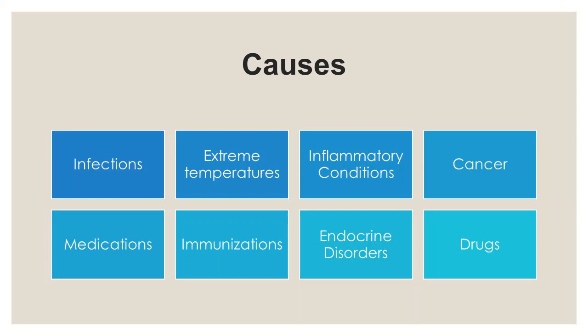Some medications, such as antibiotics and some anti-epileptics, also cause elevation of body temperature. Immunizations, some vaccines like diphtheria, tetanus and DTaP or pneumococcal vaccine, can cause elevation in body temperature. Some hormonal disorders, for example hyperthyroidism, and illegal drugs such as amphetamines and cocaine can cause hyperthermia or elevation in body temperature.